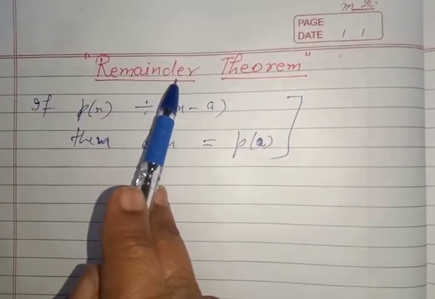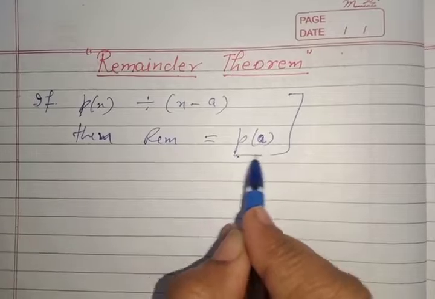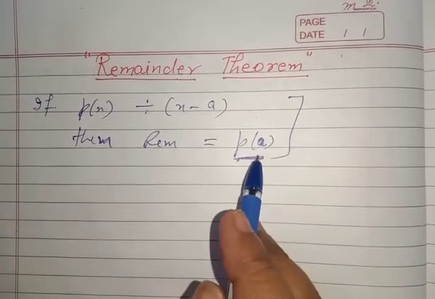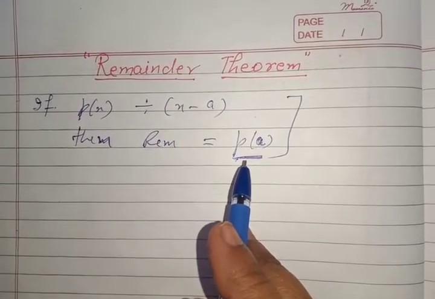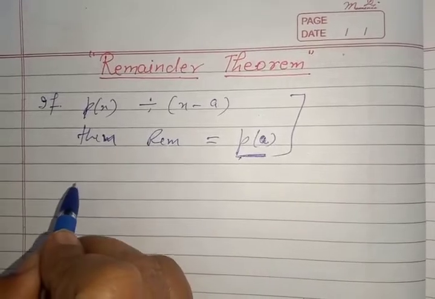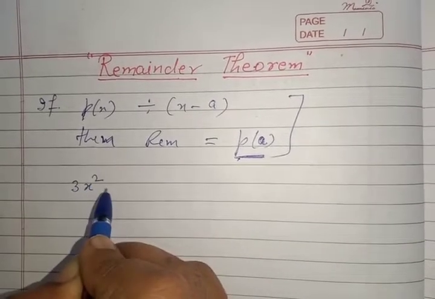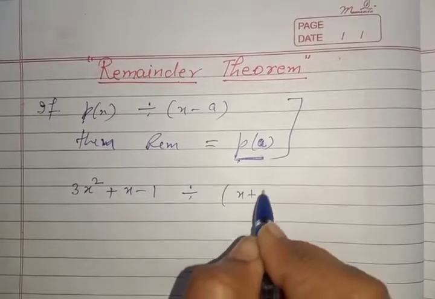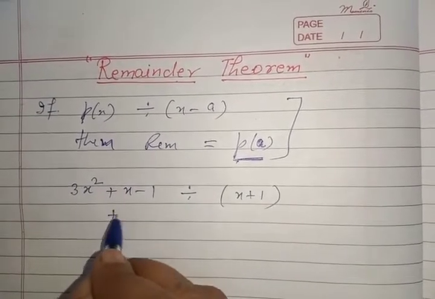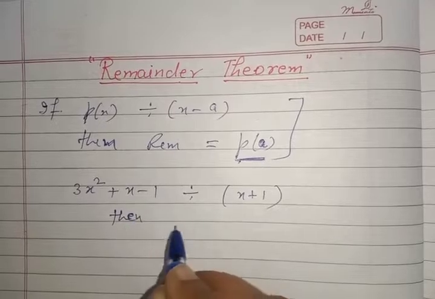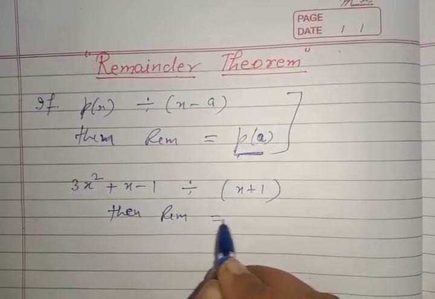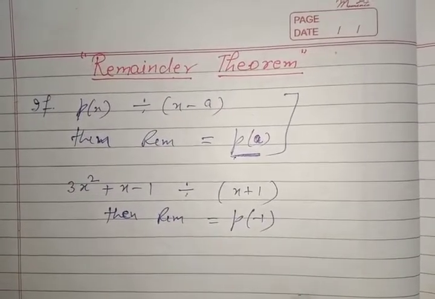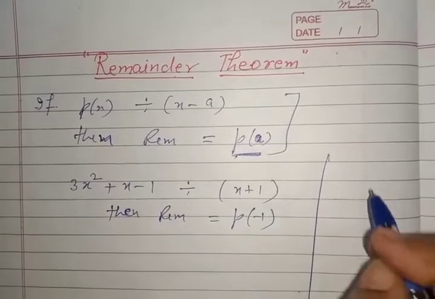Remainder theorem means it gives us remainder. So if you remember, we have done this example that when 3x square plus x minus 1 is divided by x plus 1, then according to this theorem, directly within one step we can find remainder, which is p of minus 1.